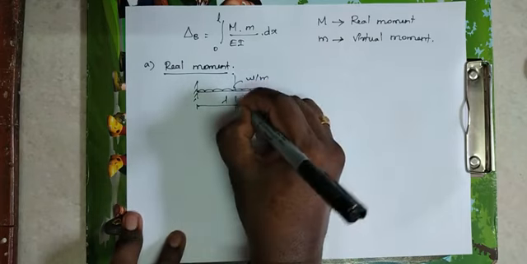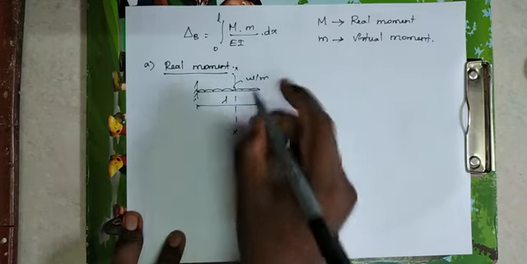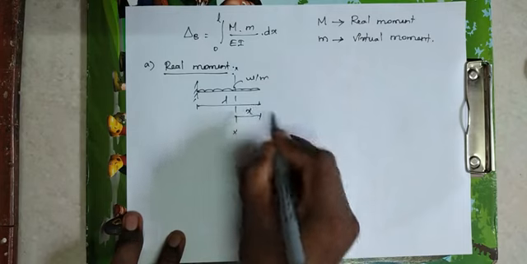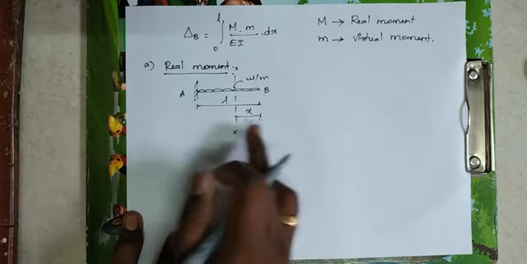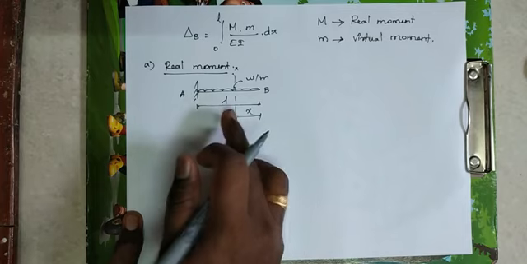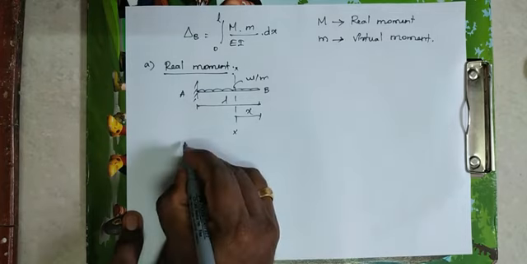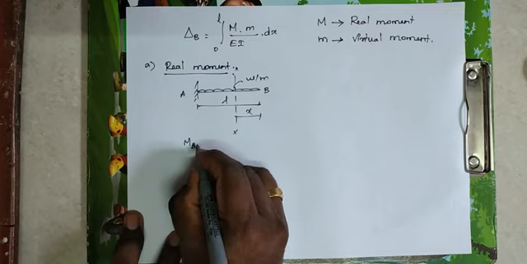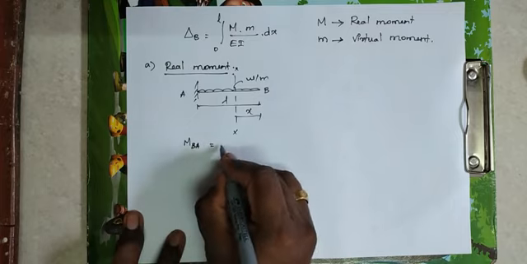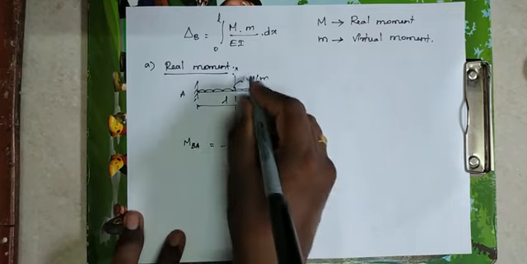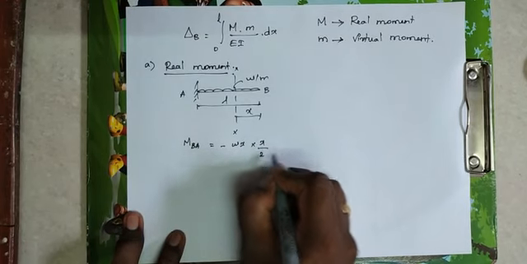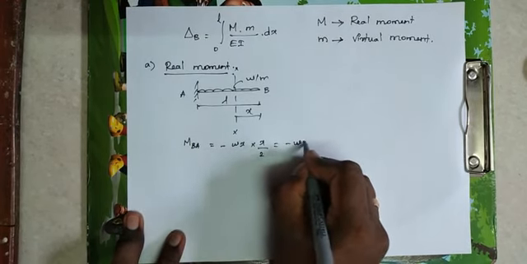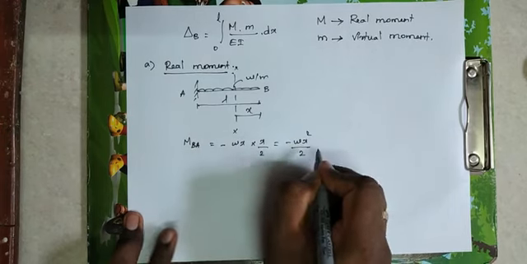Now consider a section XX at a distance small x from B, that is this end is A and this end is B. Take a section from B and taking moment about this section we will get the real bending moment, that is minus force into distance, W into x into perpendicular distance x by 2, that is we are getting minus Wx square by 2.